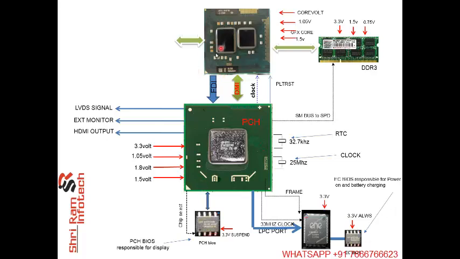Now this one is a processor which is connected directly to the RAM. These are the supplies required to run this processor. This is a first generation processor, 988A socket. This one is a PCH, requiring all these supplies.